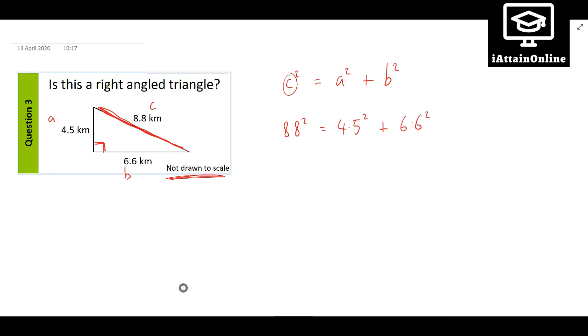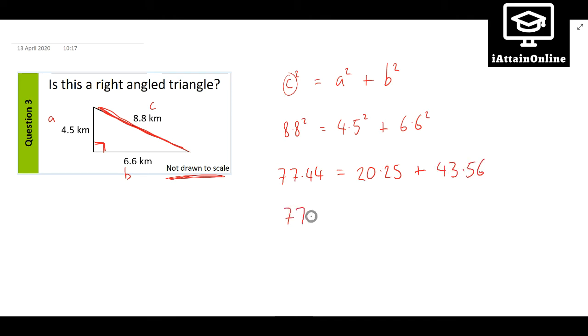So now I'm just going to work out what 8.8 squared is. That's 77.44 is equal to 4.5 squared is 20.25, and then 6.6 squared gives me 43.56.